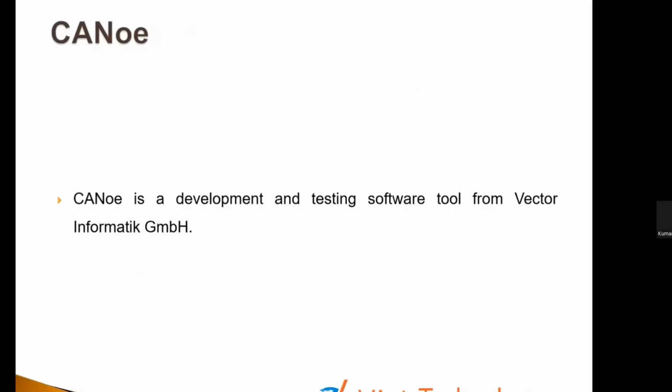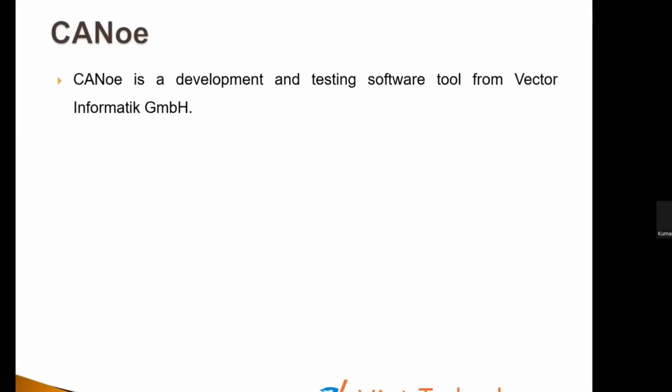Okay, so that's about CAN. Now we are going to see about CANoe. We have now seen what a protocol is, what the CAN protocol is, the advantages, disadvantages, what arbitration is, all those things.